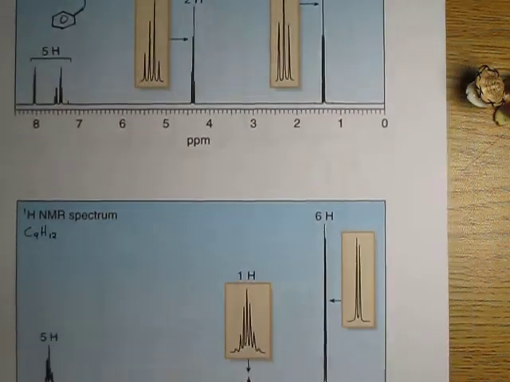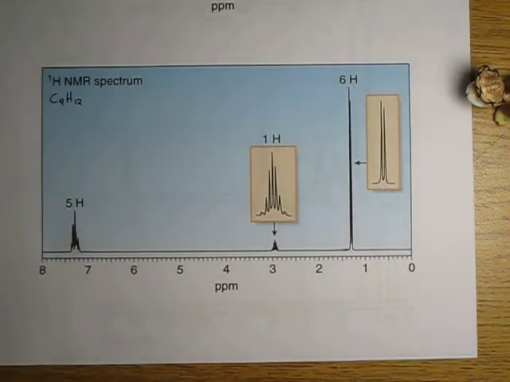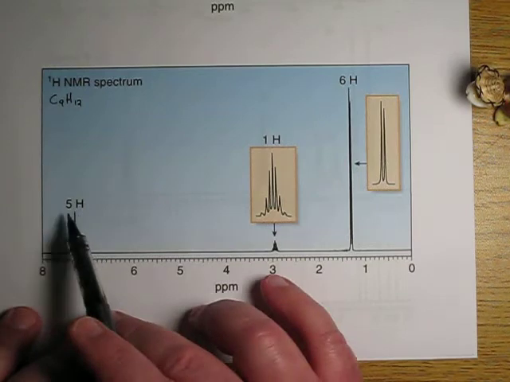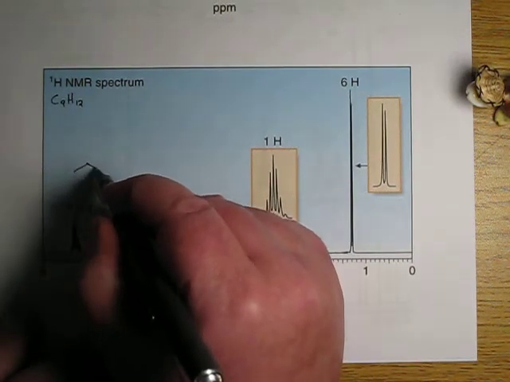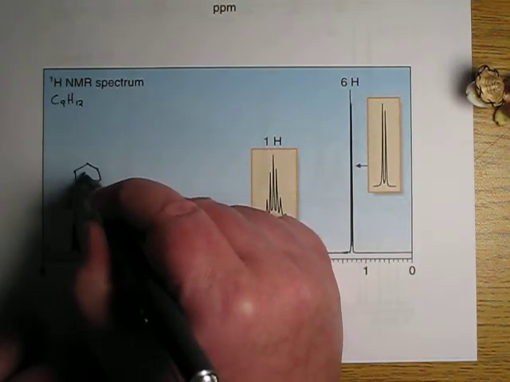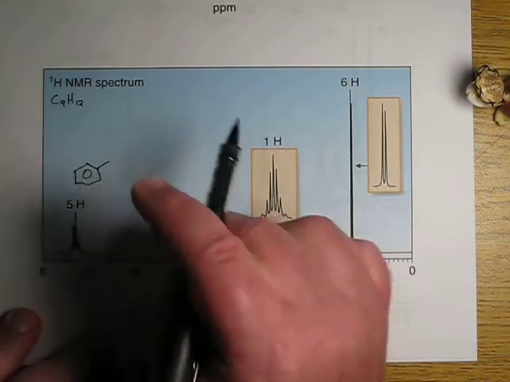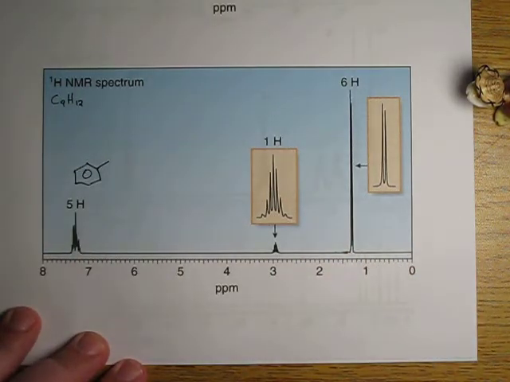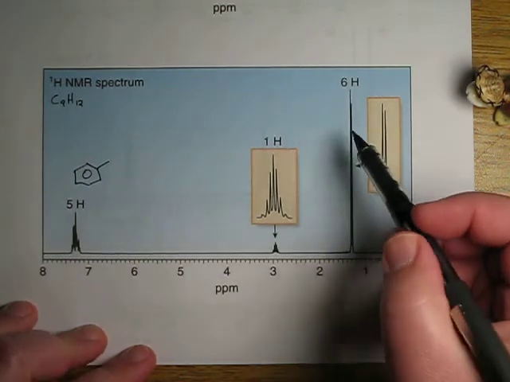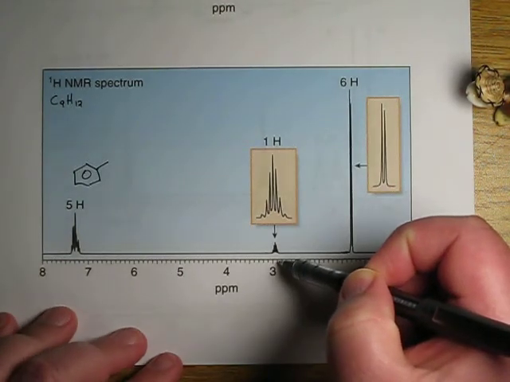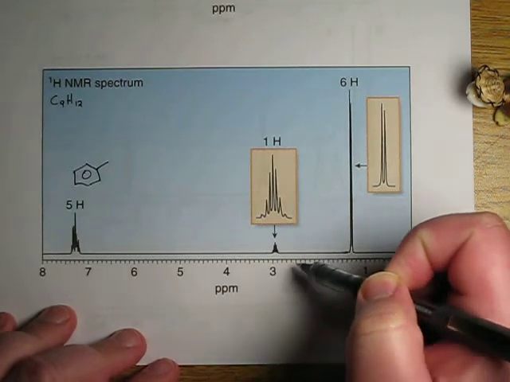Moving on down to another spectrum here. C9H12. Ooh, okay. Oh, but look at this right away. 5 hydrogens, downfield of 7. There's a monosubstituted benzene ring again. And now let's see what we have here. Ooh, okay. Down around 3 ppm, well, there's only one thing that's going to bring something to 2 to 3.